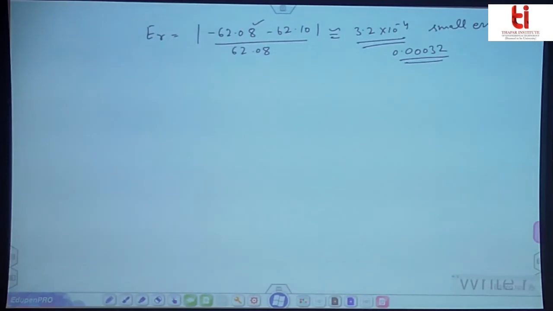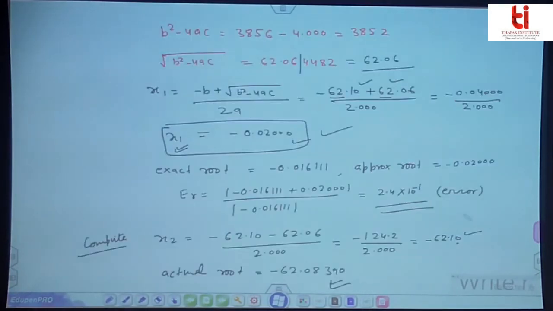So that means there is a problem with this root. So what should we do? We should find the modified root.